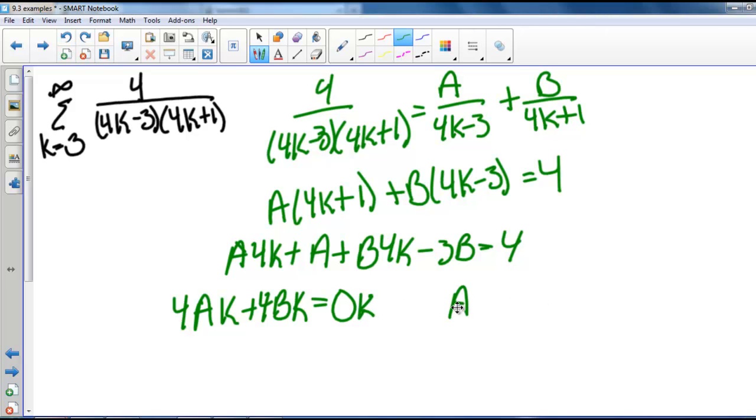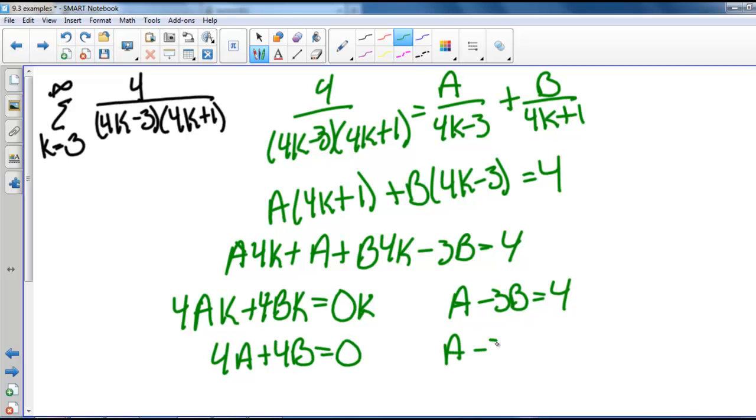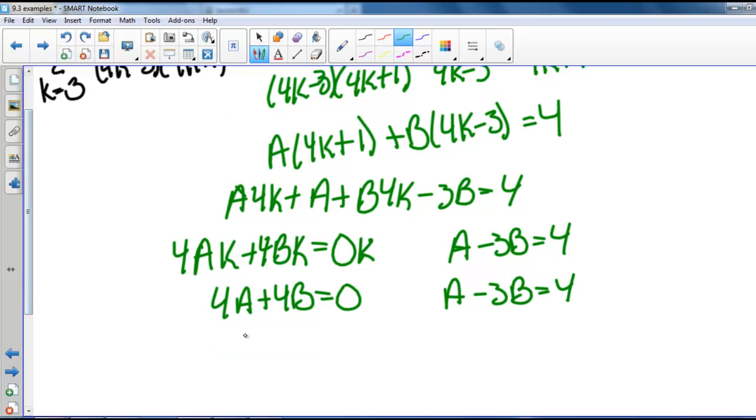And A minus 3B has to equal 4. So we have 4A plus 4B equals 0, and A minus 3B equals 4. So A plus B equals 0. So that means that A equals negative B.